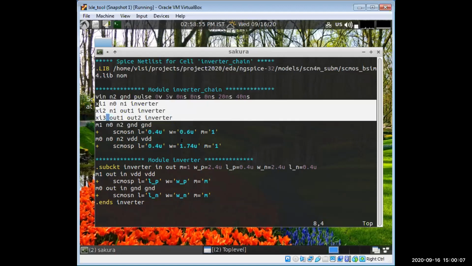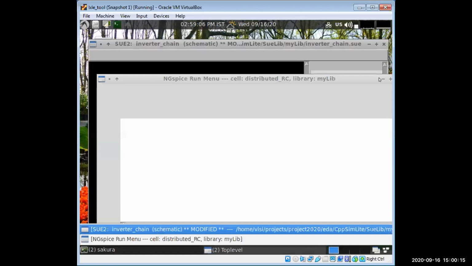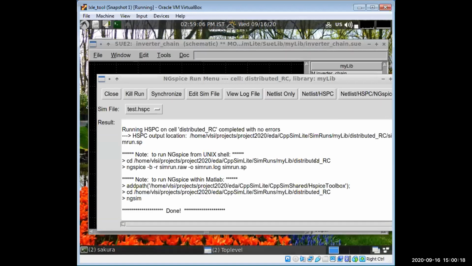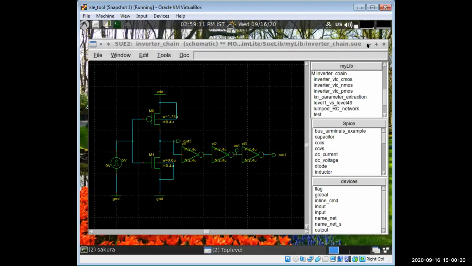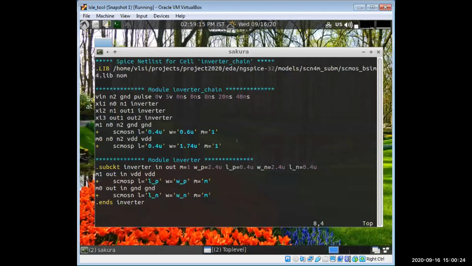It is automatically added because that is automatically in the SPICE. You can see here the SPICE one. So here in the SPICE table it is inverter. So that is already instantiated. You have to just add that and it will be automatically instantiated.